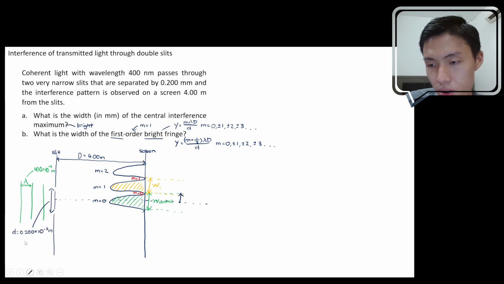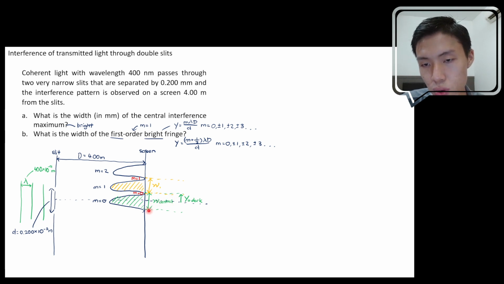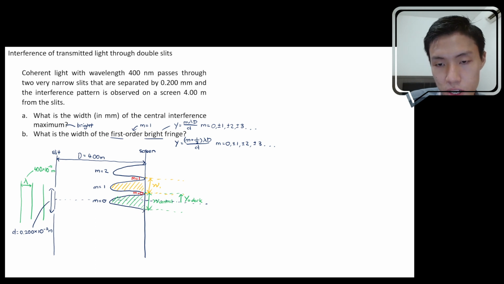Because this is m equals 0, what you are finding here is actually y0. Let me put it in green. Be consistent: if you talk about width central, I put it in green. So this one will be y0 dark. And how do we relate this y0 dark to w central? Well, the other side is also the first dark, or the 0th order dark, so if you measure from the center downwards to this point, you should also find y0 dark.